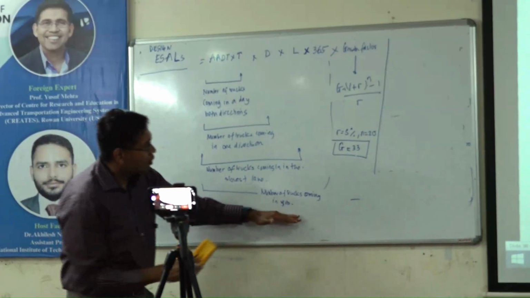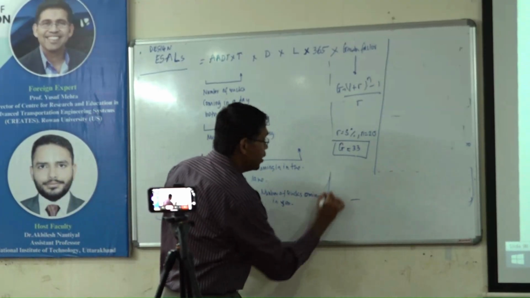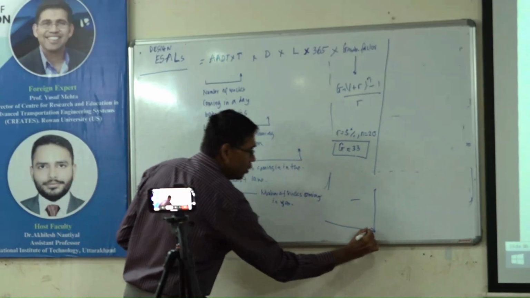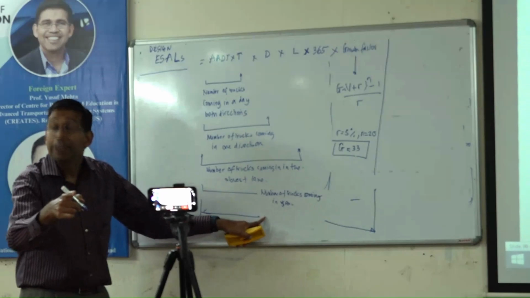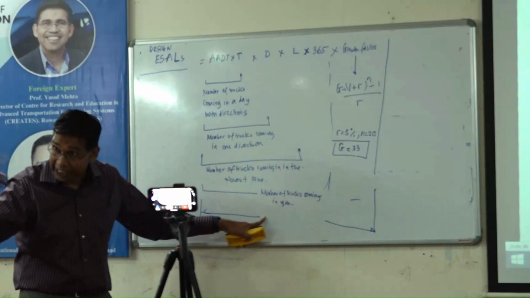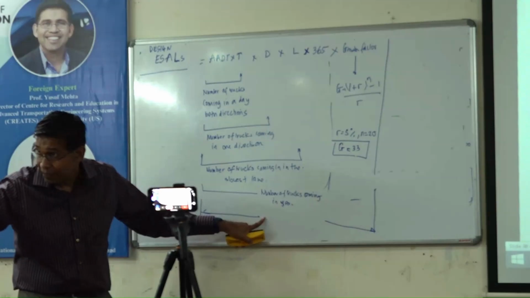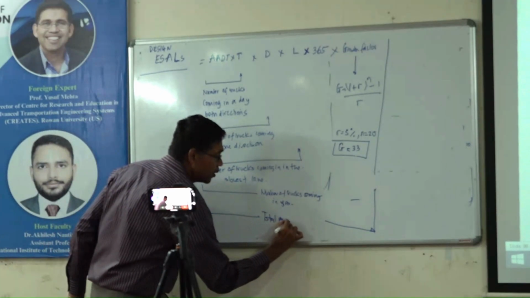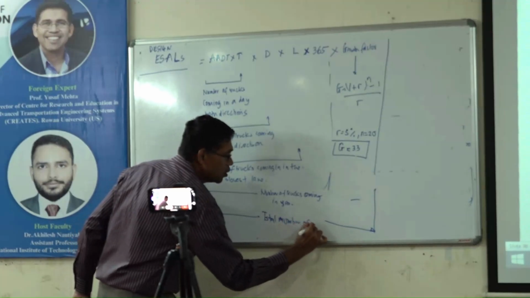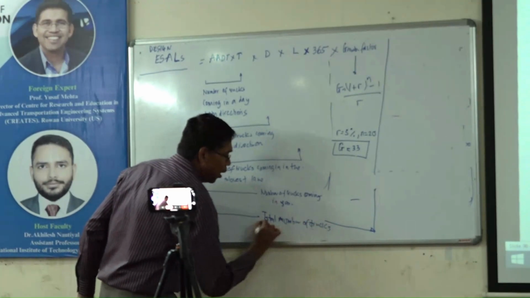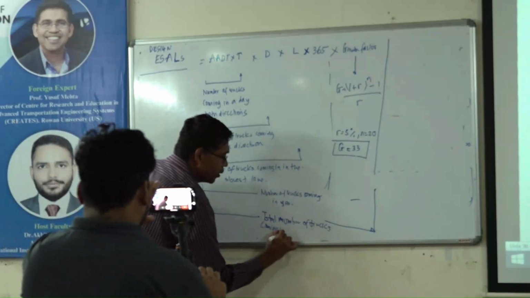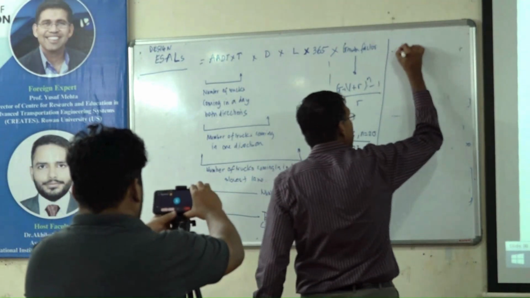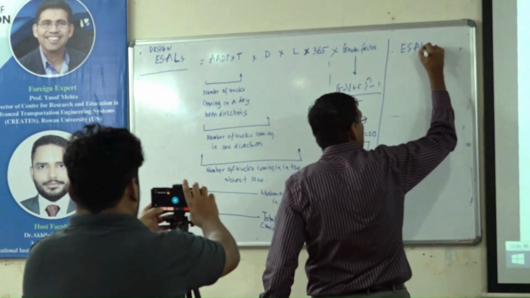Up till now you have the number of trucks coming in 1 year, and what is this number? Can you explain to me? Yes, 20. All total number of trucks expected in the 20 years, correct? Very important to write it in words: total number of trucks coming in 20 years. And finally, you have to multiply it by ESALs per truck.